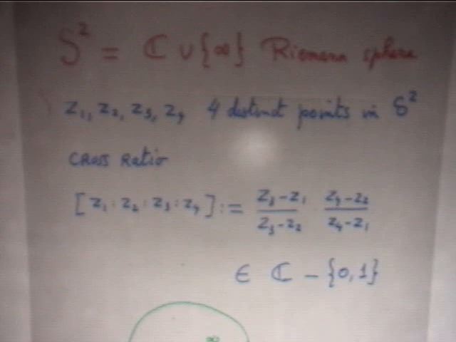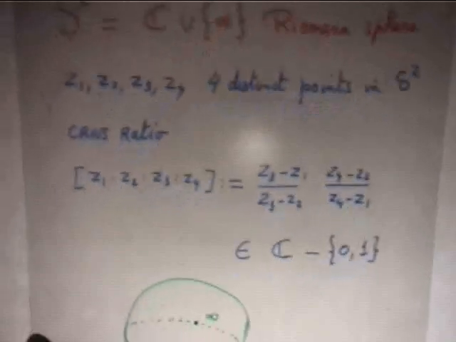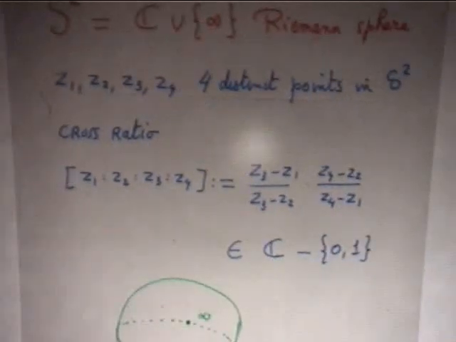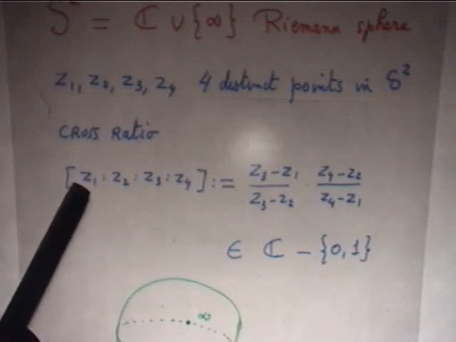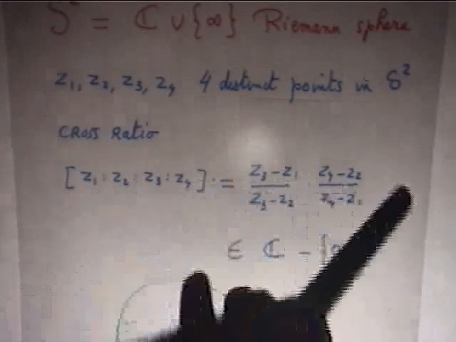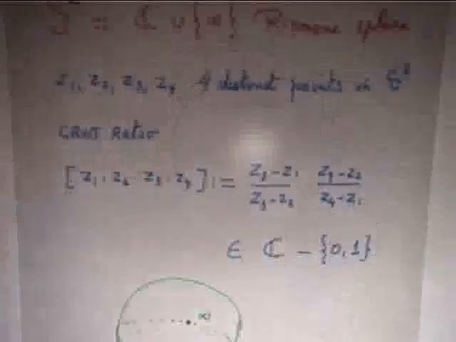C union infinity is the Riemann sphere, and it is well known that the fundamental invariant of 4 distinct points in the Riemann sphere is the so-called cross ratio. If you give me 4 points in the Riemann sphere, Z1, Z2, Z3, Z4, you define the cross ratio of Z1, Z2, Z3, Z4 as being this number.